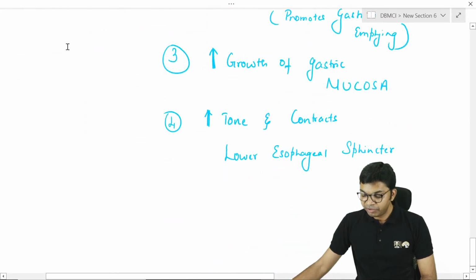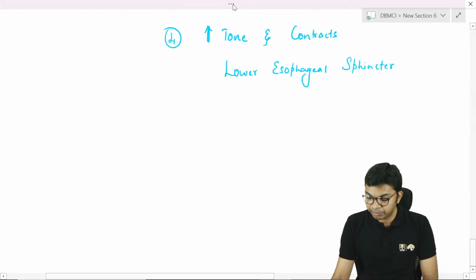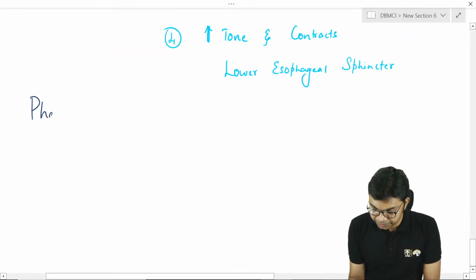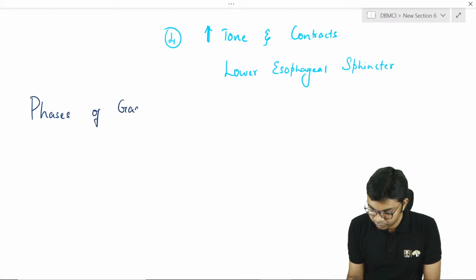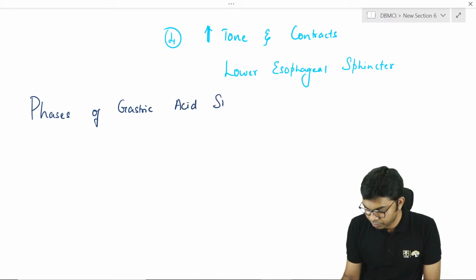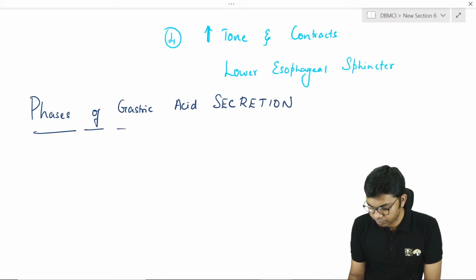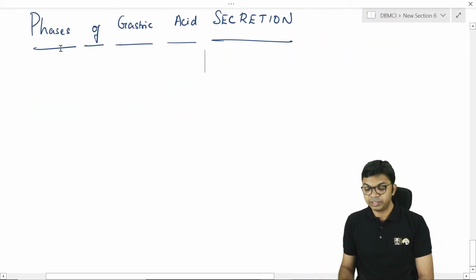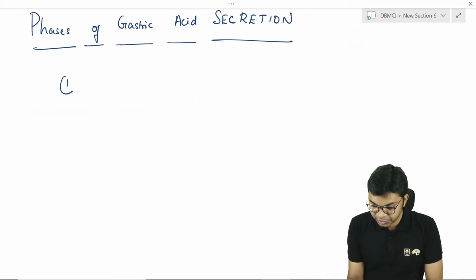Now, we finish gastric secretion with one very important point, that's phases of gastric acid secretion. Now, we are seeing three phases of gastric acid secretion, doctors. The first one is the cephalic phase.